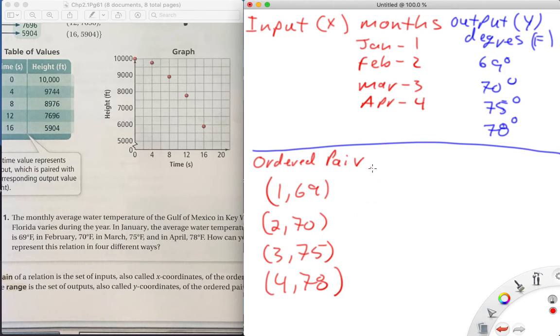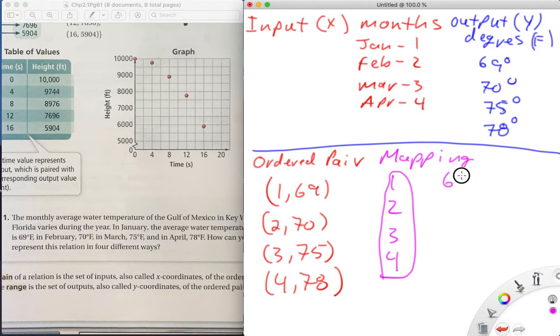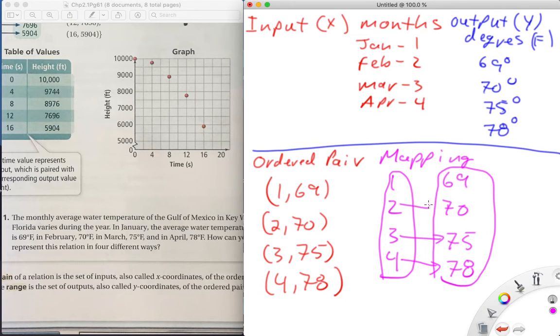The next way to do it would be mapping. I'll do 1, 2, 3, and 4. Let's go 69, 70, 75, 78, which is neat that they're already in order too. And just draw your arrows, like so. So that's two of the ways: ordered pairs and mapping.